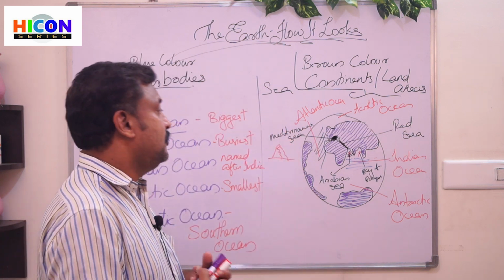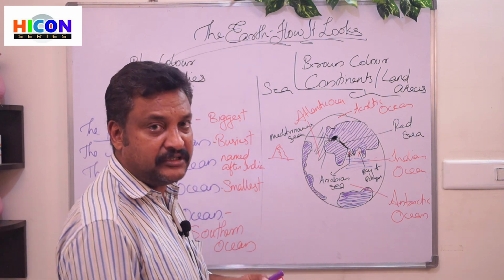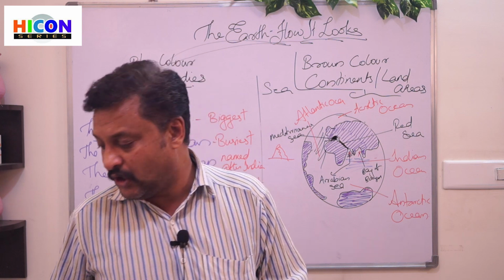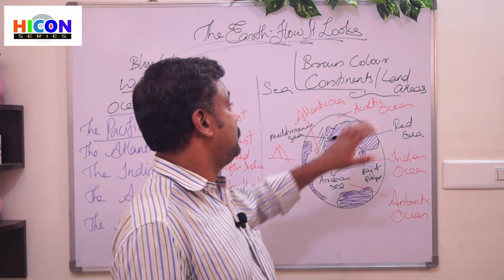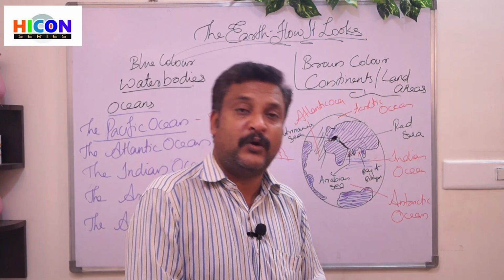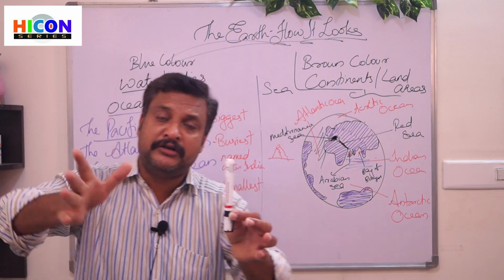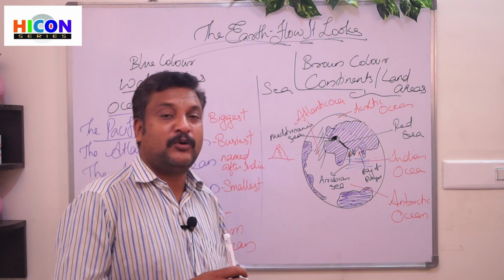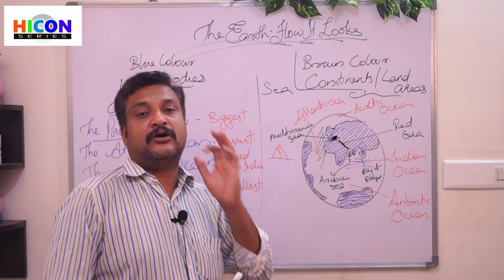Clear? Now we need to think about these parts. Which are they? The brown colored patches that we can see on a globe are called the land mass areas or the continents. What is shown in brown color on the earth?